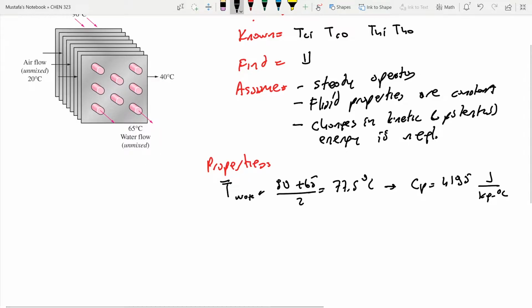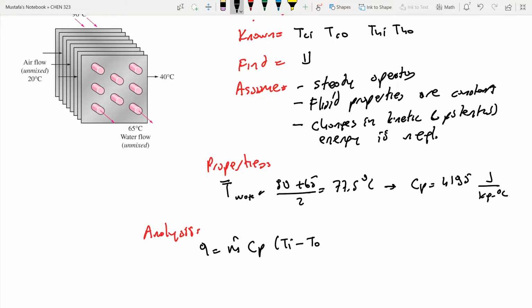Now we can calculate Q. So let's start to do the analysis. So Q is equal to mCp T out minus T in, for water, because T out is greater. So the mass flow rate is given 0.6 kilogram per second.